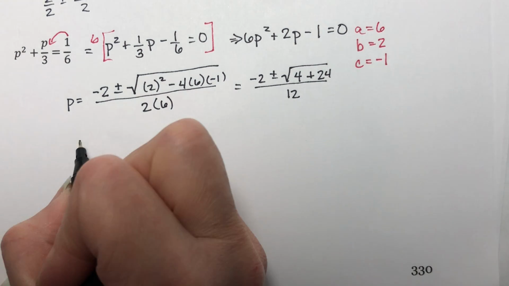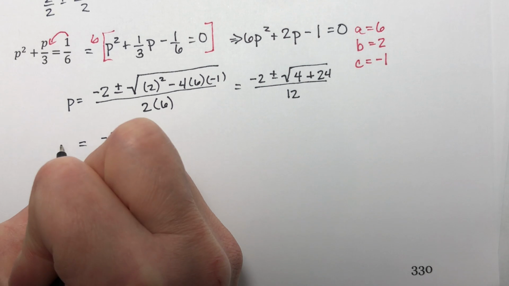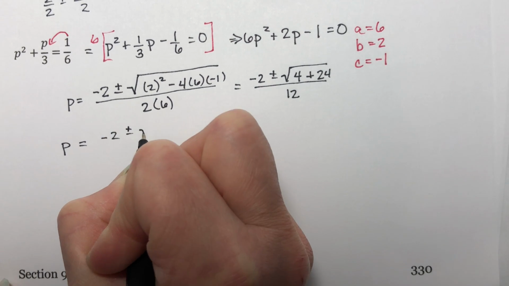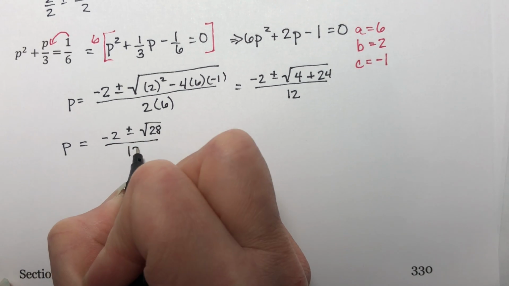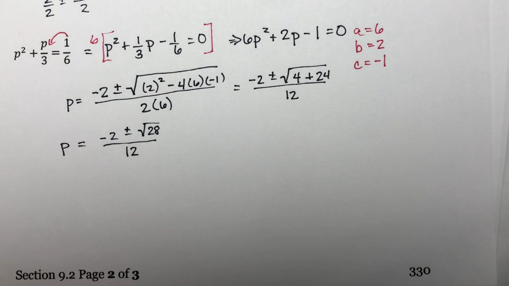Okay, so I have negative 2 plus or minus the square root of 28 over 12. Okay, so we have a positive number inside, and 28 is not a perfect square, so we should get 2 irrational solutions.